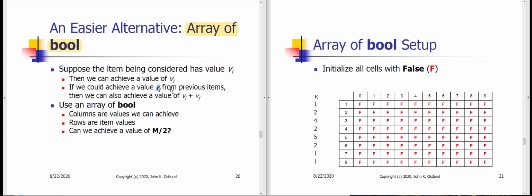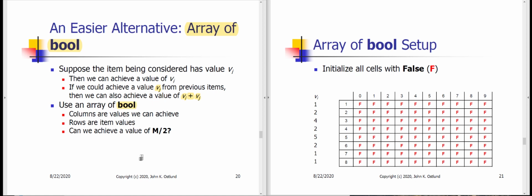So for any achievable value vj, we're also going to be able to achieve a value of vi plus vj, where vi is the current value that we're considering. All right, I think it's going to be easier to see how this unfolds by looking through the examples.